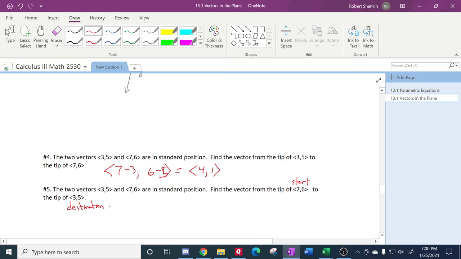The vector from the tip of there to the tip of there is 3 minus 7, so it's negative 4, and 5 minus 6, so it's negative 1. When we turn it around, we're going to get this. So we can draw this and see this relationship. All right, any questions?